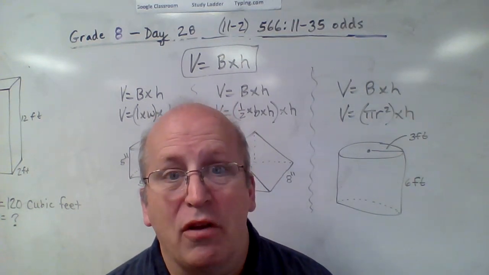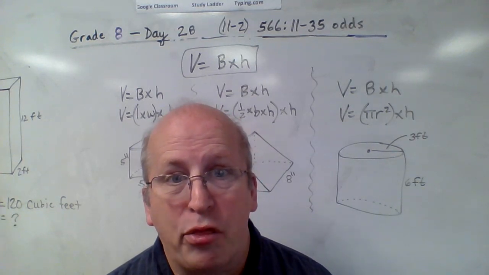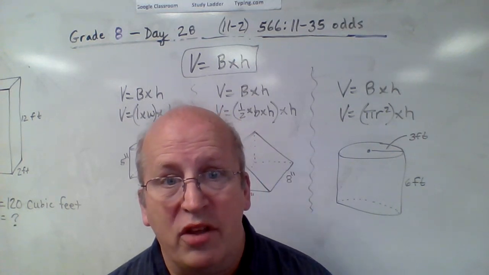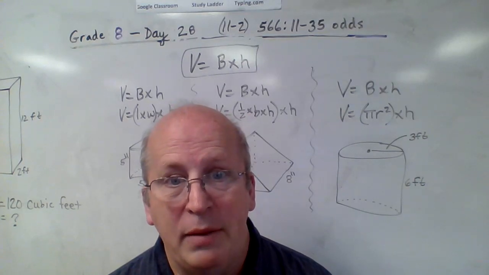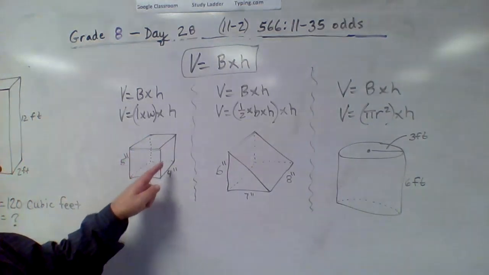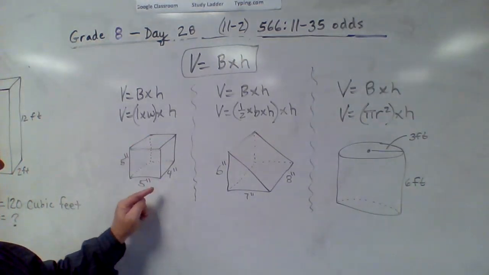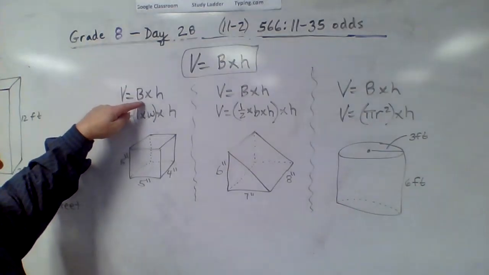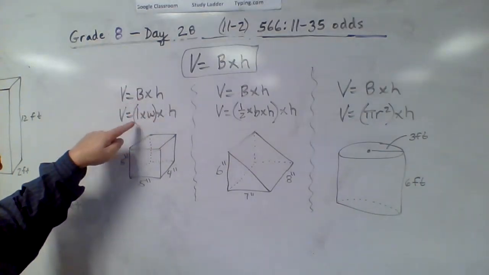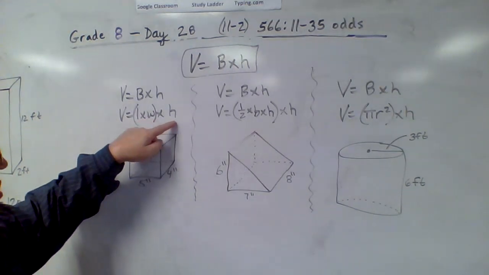Now, this particular formula, after we understand it, can be divided into 3 different categories. And I'm hoping that right behind me you can see those 3 different categories. First of all, if our shape is a cube or a rectangular prism, this V equals B times H turns out to be V equals length times width times height.